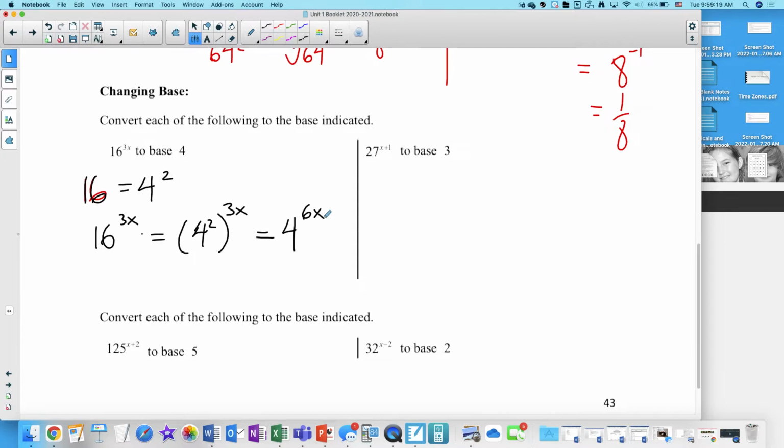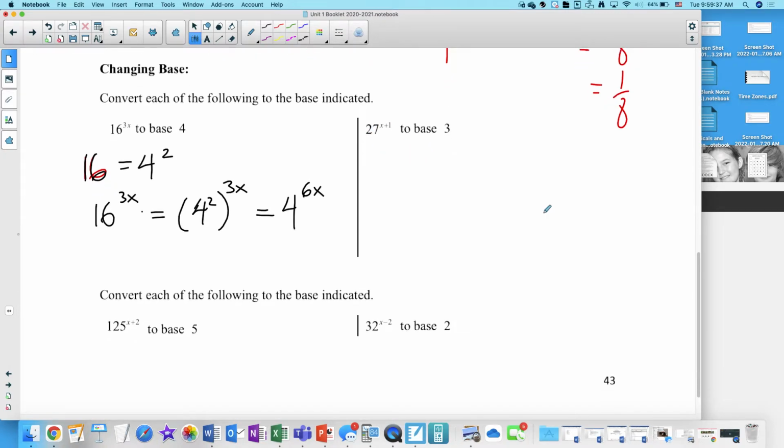Okay, let's try this one. 27 to the x plus 1 to base 3. So if we want to change this to base 3, first thing you need to ask is, can you write 27 as a power using a base of 3? And what would it be? 27 cubed. Yep. So 27 is 3 cubed. 27 to the x plus 1 is going to be something to the x plus 1.